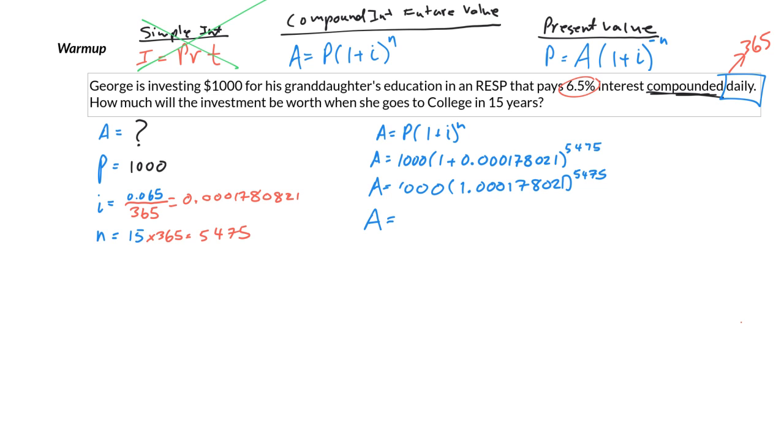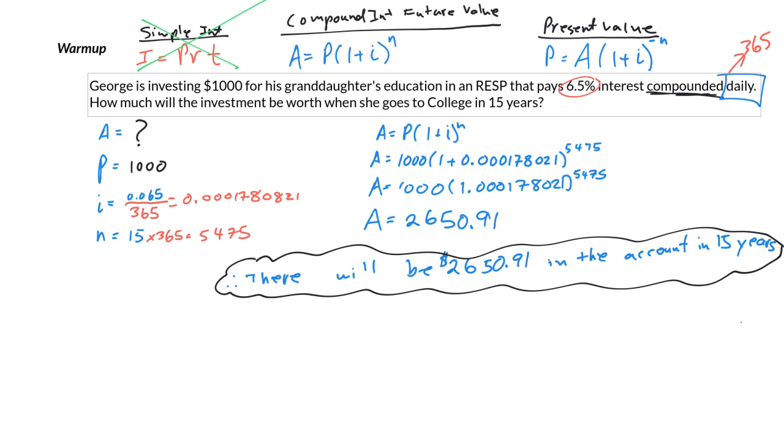Then we just punch that directly into the calculator, and you end up with $22,650.91. So in order to answer this final problem, you just have to say the following. There's going to be $2,650.91 in the account in exactly 15 years if we compound that money daily.